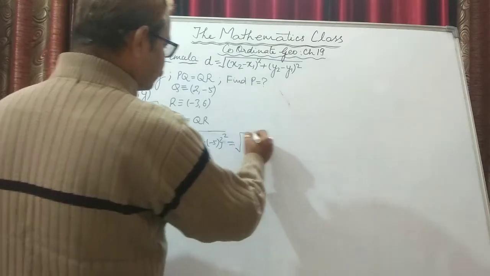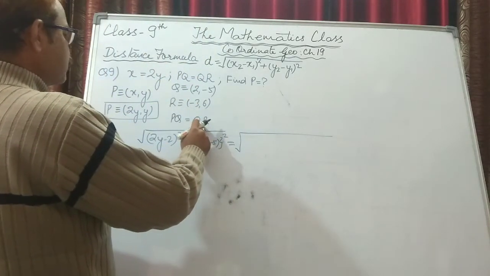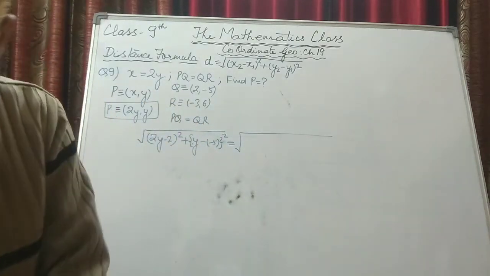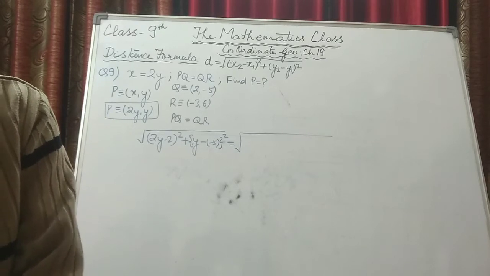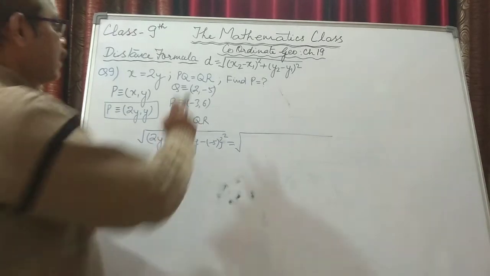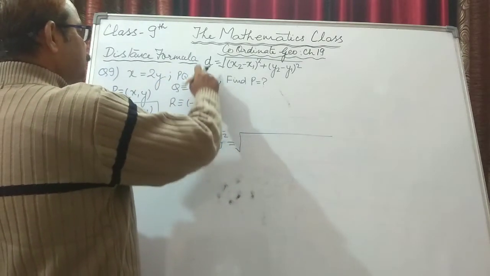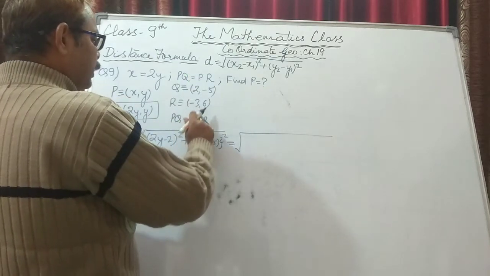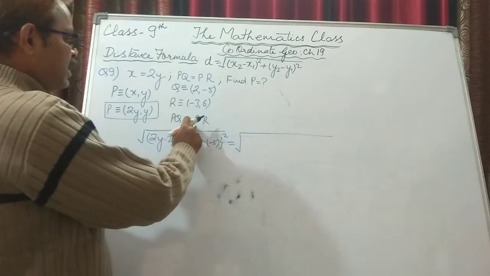Now it is given that point P is equidistant from Q and R. It means PQ is equal to PR, given. So here we will take P, not Q. Now PR.